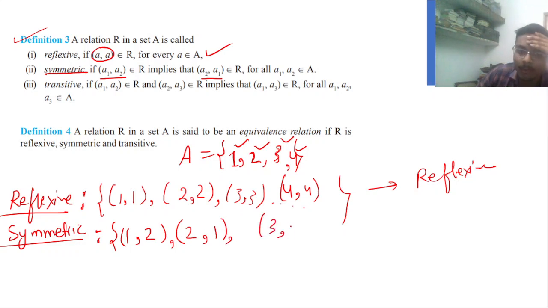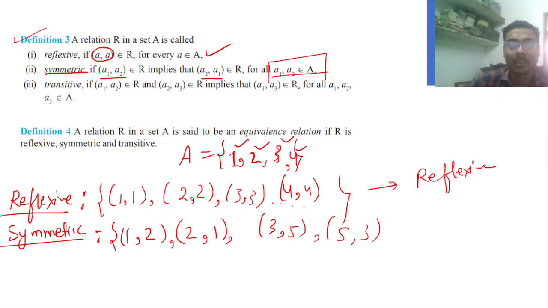Suppose you have 3 comma 5, then 5 comma 3 will also have to be there. For all a1, a2 belongs to A, the pair also has to be there, and only then is this symmetric.